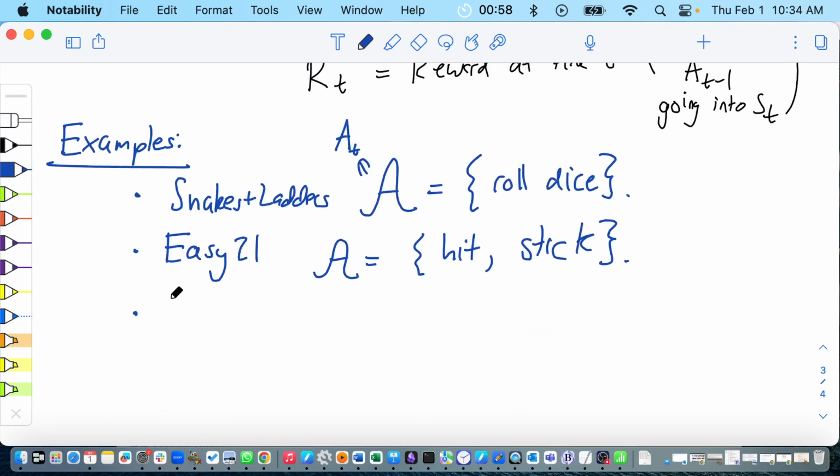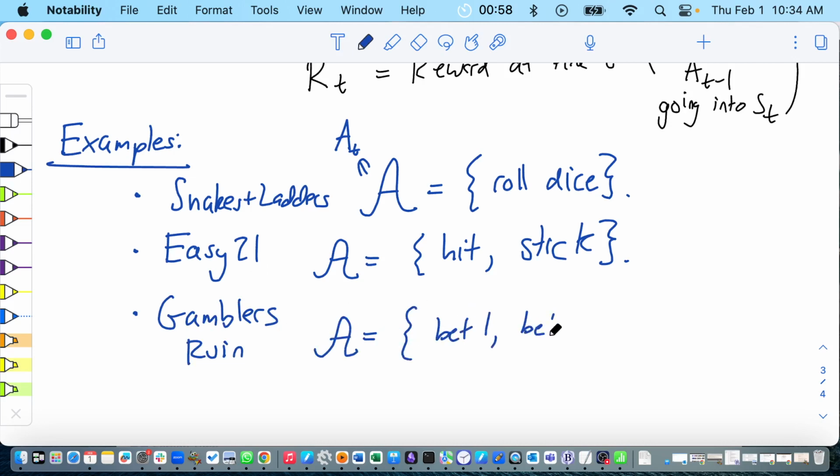Another one is the gambler's ruin problem, where you can think of the bets as the actions. So the actions are bet $1, bet $2, all the way up to bet the maximum. And the maximum, I guess, depends on n. Let me write it like this. So this is the set of all possible actions.